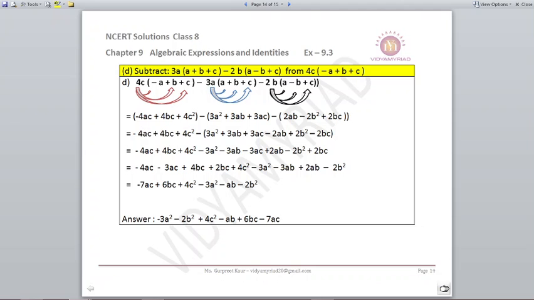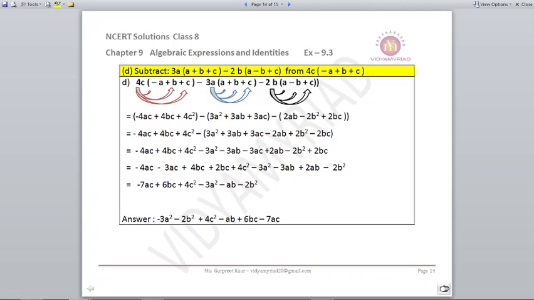Now open the bracket. Now what we will do it step by step. First we will open the last two bracket to solve the question easily. Now minus 4ac plus 4bc plus 4c square will remain as it is. Then also I am keeping minus and bracket open. Now I am opening the second and third bracket.